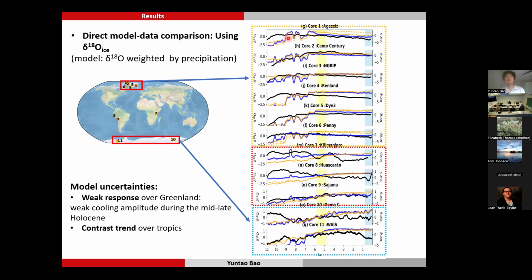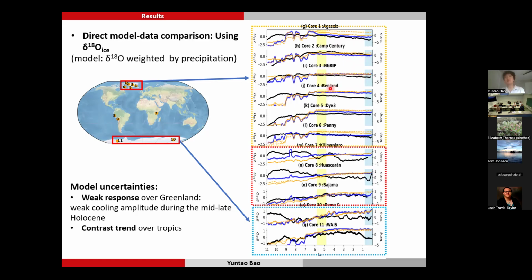This is shown in the blue line. The simulated delta O18 in precipitation also shows an increase during the early Holocene and reaches the maximum during the mid-Holocene, and then a decreasing trend from the mid-Holocene to the pre-industrial. But the thing is that the decreasing trend from the mid-Holocene to the pre-industrial in the model is much weaker than that shown in the proxies, right?